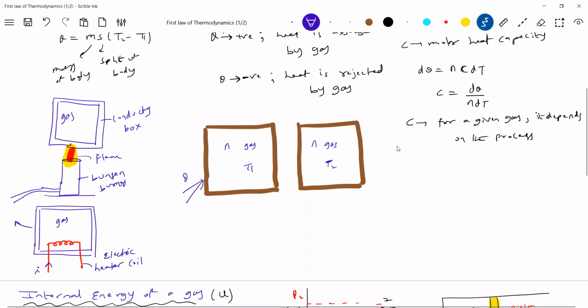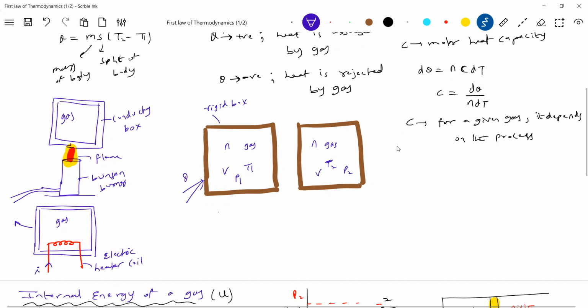I'm supplying heat to this rigid box. Rigid means the volume will not change, no? So the volume of the gas will be constant. Initially the pressure was P1, the final pressure is P2. So the gas is absorbing heat at constant volume.